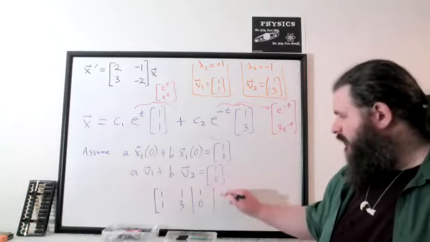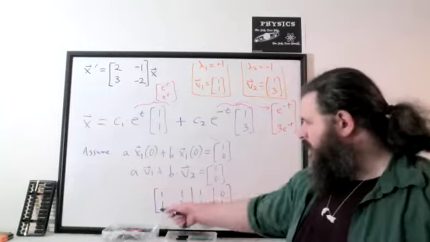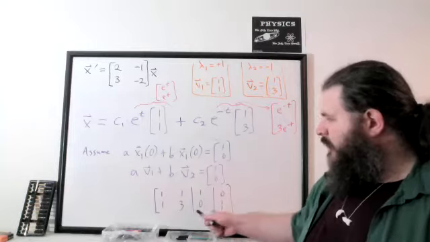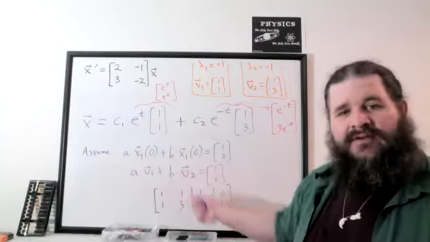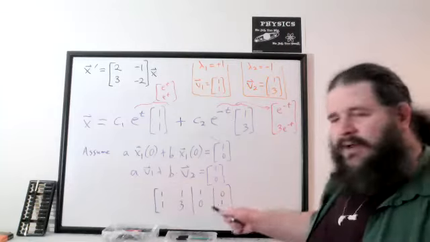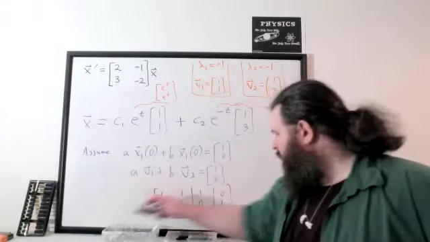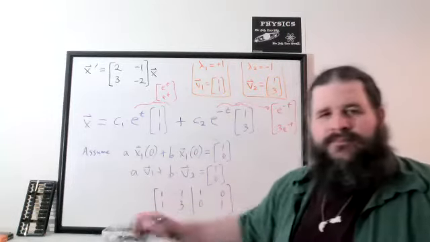We also want 0, 1. So let's augment the matrix twice. Let's have 1, 1, 1, 3 augmented with 1, 0, and keep in mind these columns are just the eigenvectors. And also 1, 1, 1, 3 augmented with 0, 1, because we want both results. In other words, we're just augmenting with the identity matrix.